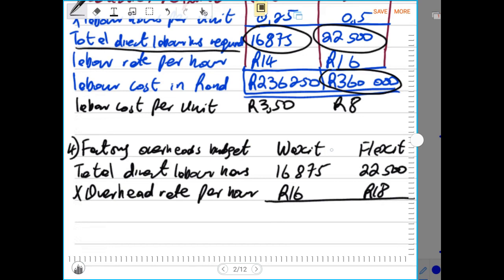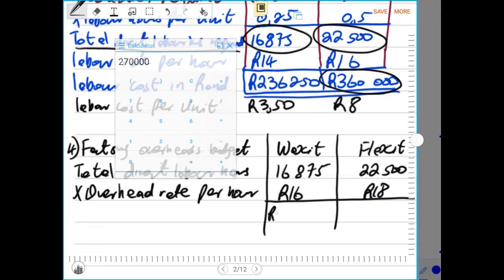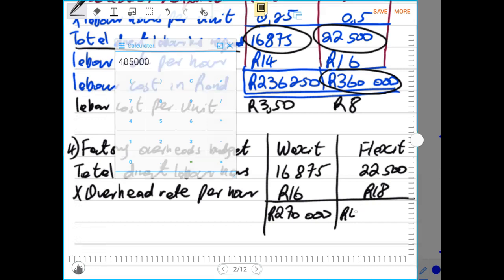Then we say 18 multiplied by 22,500, and it gives us a total of 405,000.